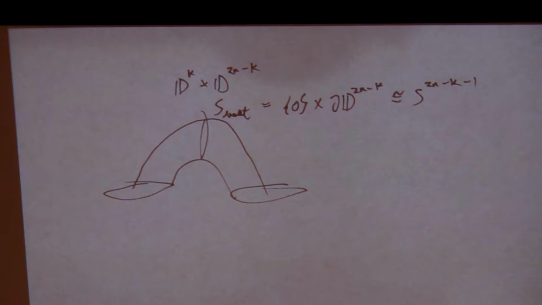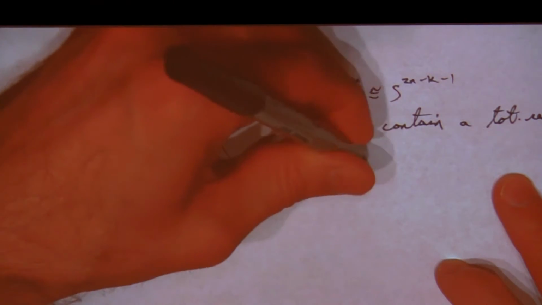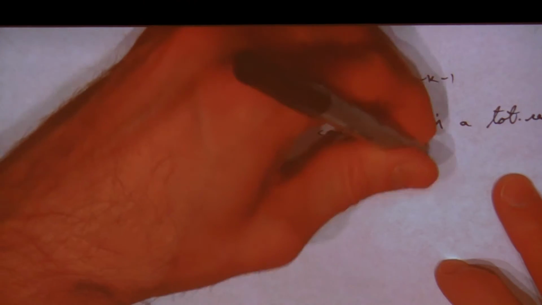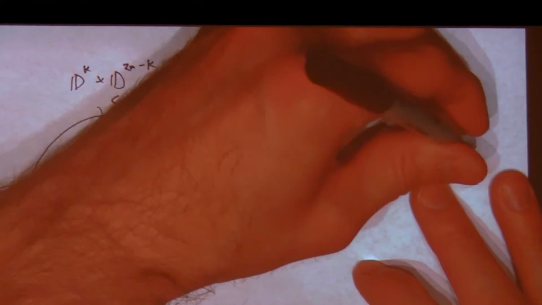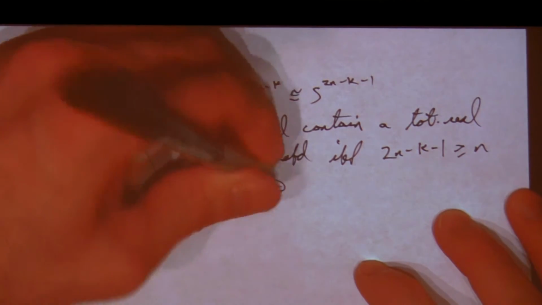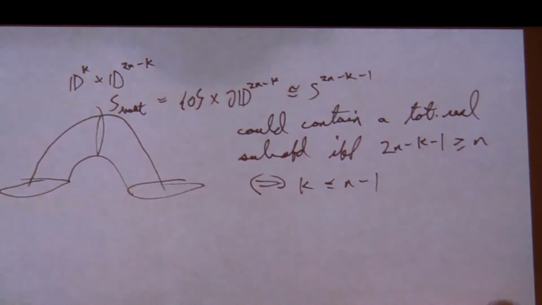So in order for that to be plausible, we observe that it could contain a totally real submanifold if and only if 2n minus k minus 1 is greater than or equal to n, which is equivalent to the condition k is less than or equal to n minus 1.